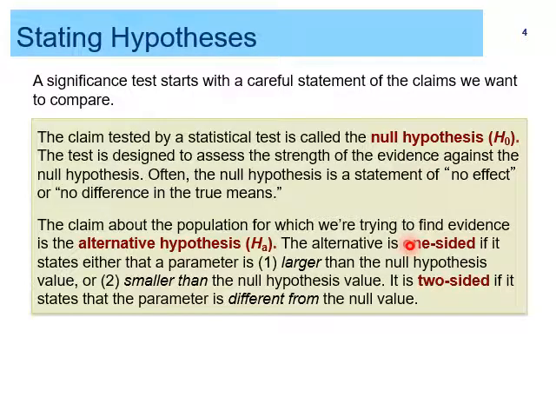The alternative is one-sided if it states either that a parameter is larger than the null hypothesis value or smaller than the null hypothesis value. It is two-sided if it states that the parameter is different from the null value.